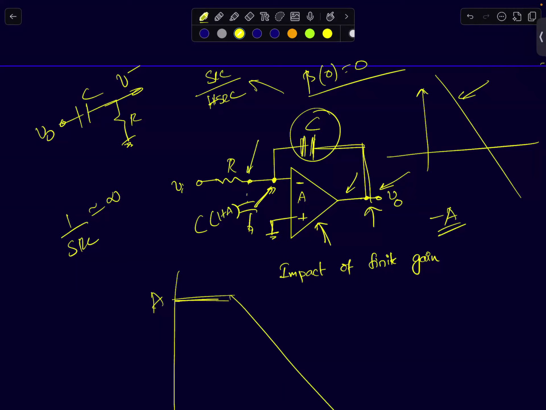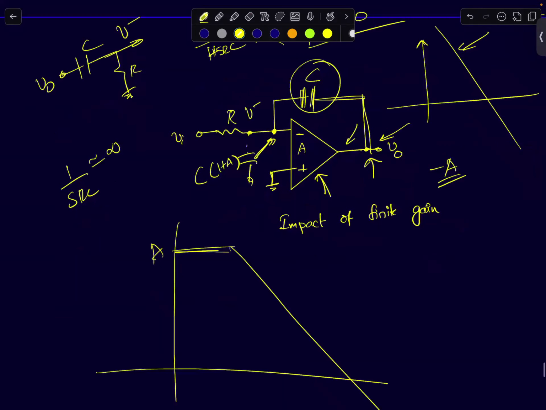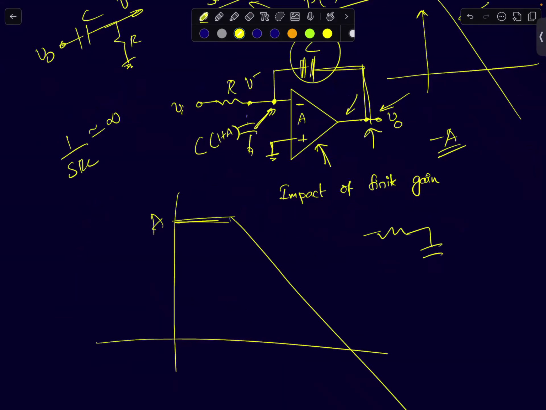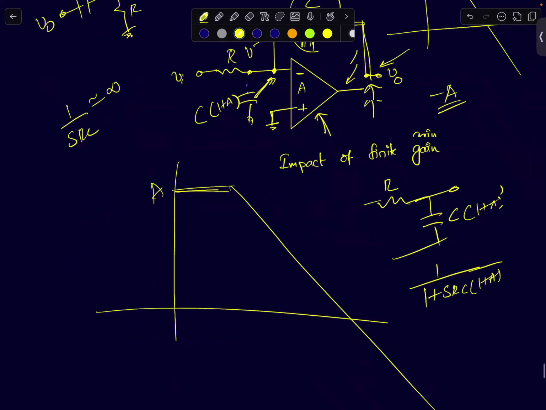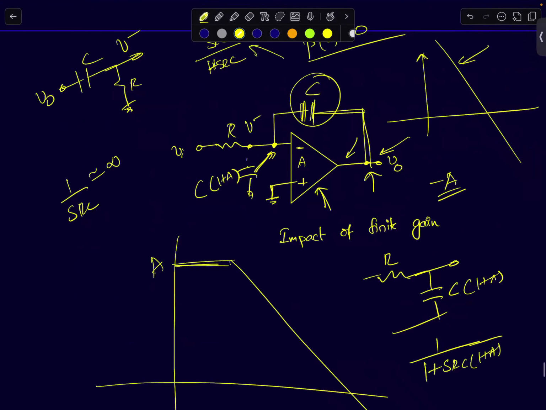Now the voltage at this point, V minus, can be found out by solving this RC circuit. Here you have a capacitor of C into 1 plus A times R. The transfer function is 1 by 1 plus SRC into 1 plus A. Now you know the gain at this point, V minus.